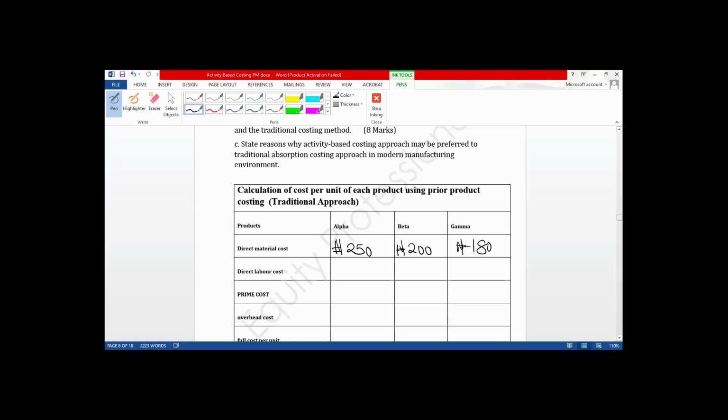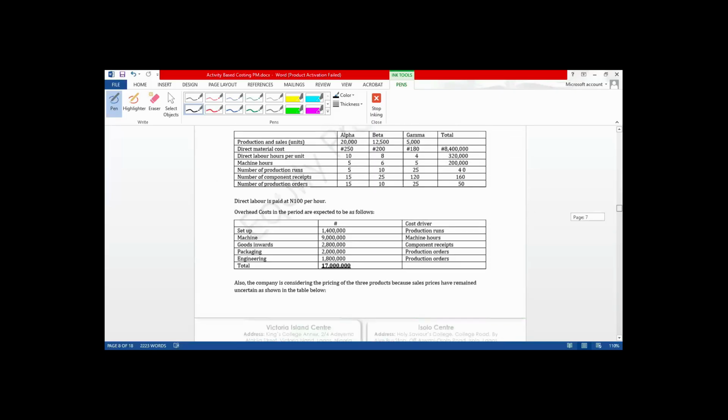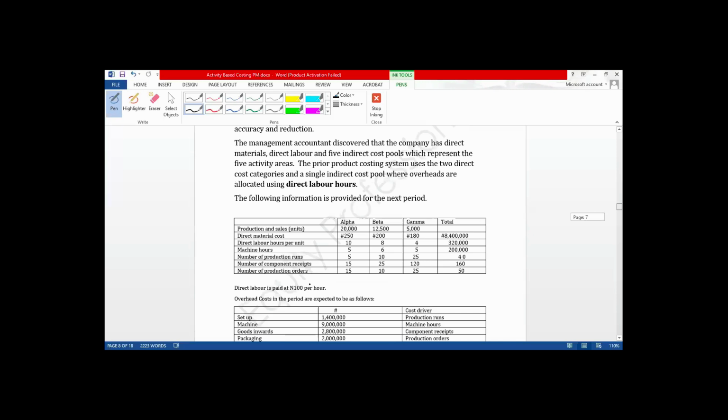Next, labor cost. Look at your question. Direct labor hours per unit: 10 hours, 8 hours, 4 hours.